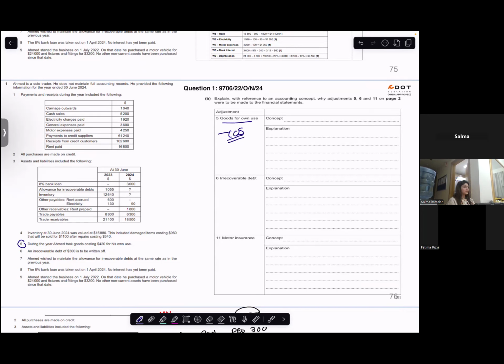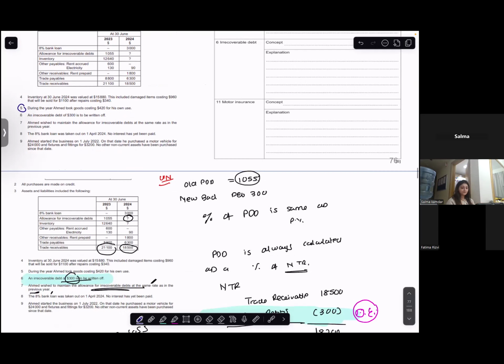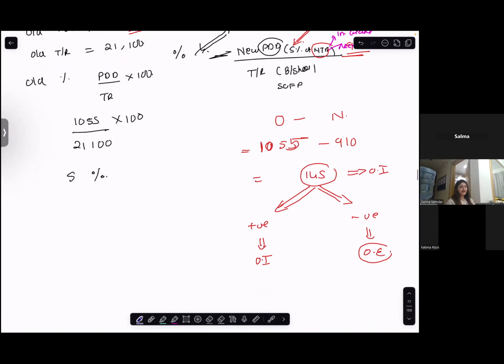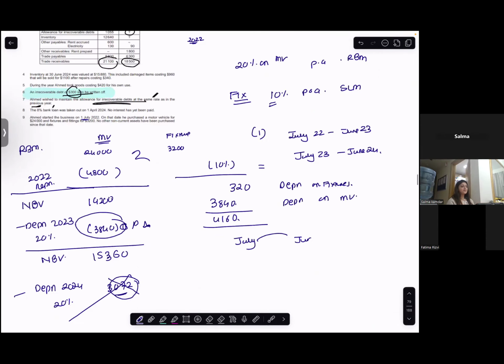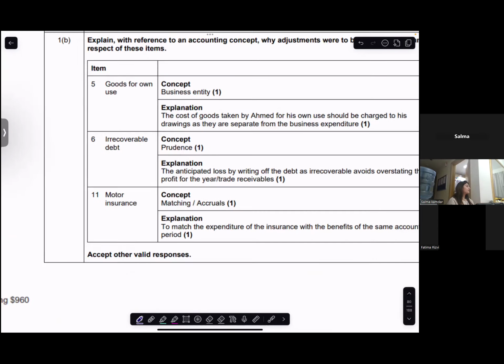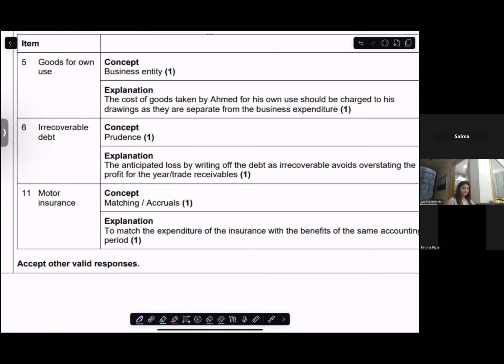Why do you minus from cost of sales? Okay. So the concept is the business entity concept. So we say that the owner has taken the goods purchased for his own use. So it is not a business expenditure, and that is why we have to remove it from the business expenditure, and that's the reason we remove it from the cost of sales. I hope you are with me.